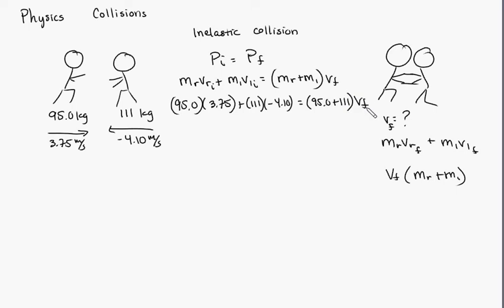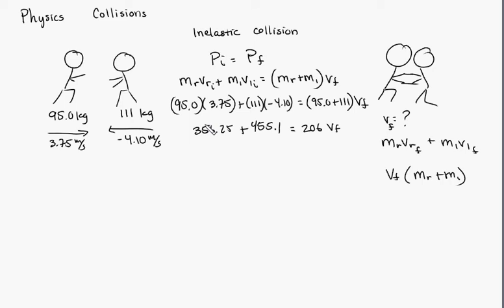Okay, simplify all of them that you can, making sure that you get your signs correct. These are positive, so you have 95 times 3.75, and you get 356.25. I'm not going to worry about sig figs until the end. Then 111 times 4.1, and you're left with 455.1 is equal to 95 plus 111, 206, VF.